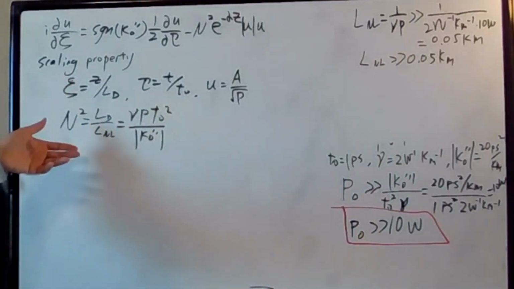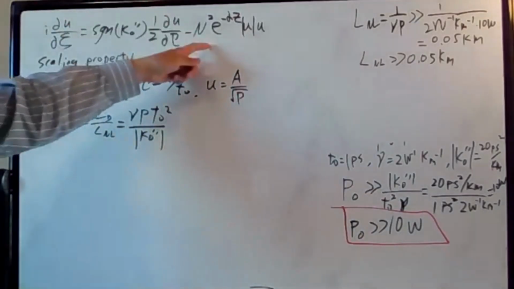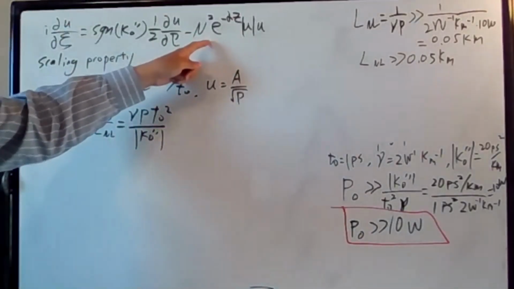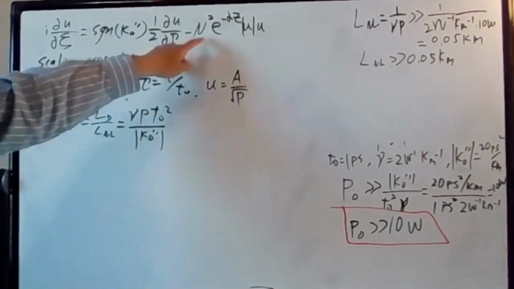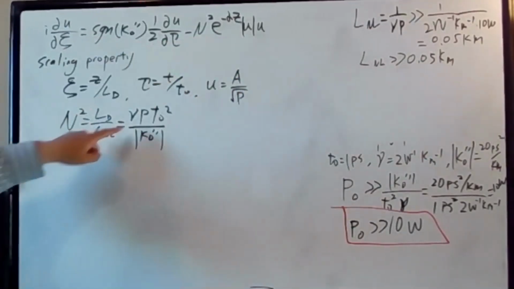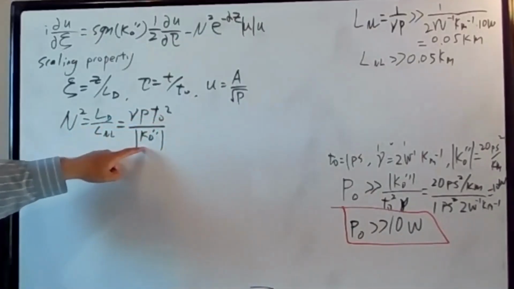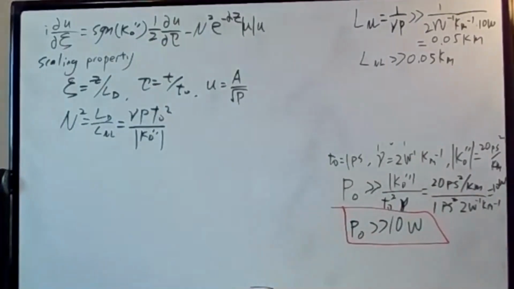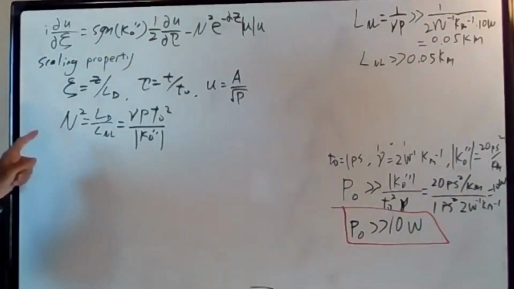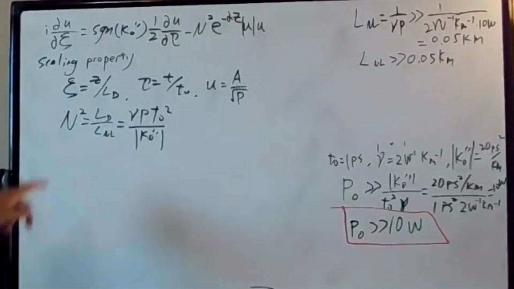So it's all normalized. It used to have the gamma P in here, then I divide by LD and put all this gamma P T naught squared over K naught double prime in here, replaced by this N squared. And we will use this N squared later on, right?